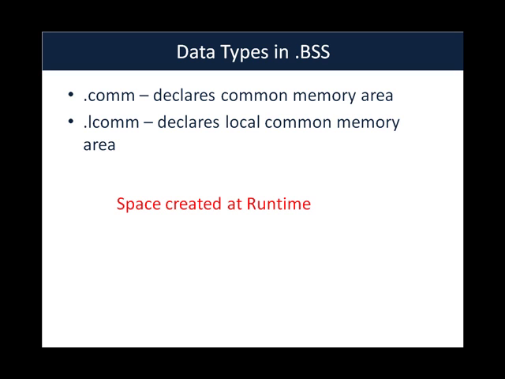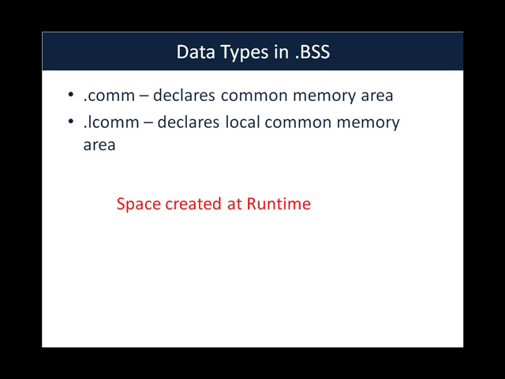What this means is that whatever you define here does not occupy any space inside the executable created by the assembler and linker. Only when it is loaded into memory as a program will the space actually be created.